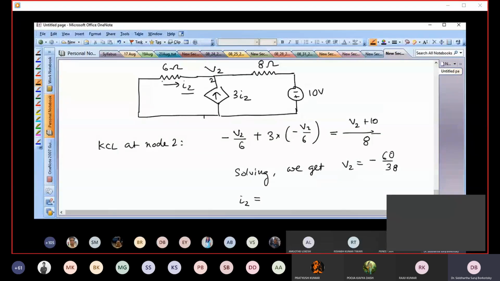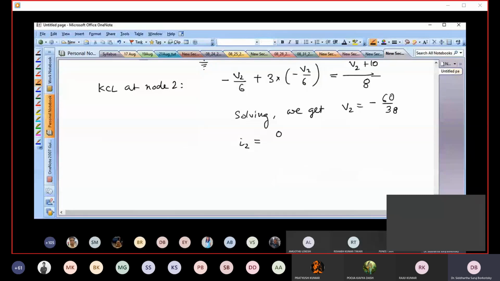What is the potential at the left end of I2? That left end is actually connected to the ground. So this lower part, unless I specify where the ground is, whatever is down below is the ground. The ground potential is always 0. So 0 minus V2 divided by 6. So I2 is nothing but 0 minus V2 divided by 6, which is minus V2 by 6.